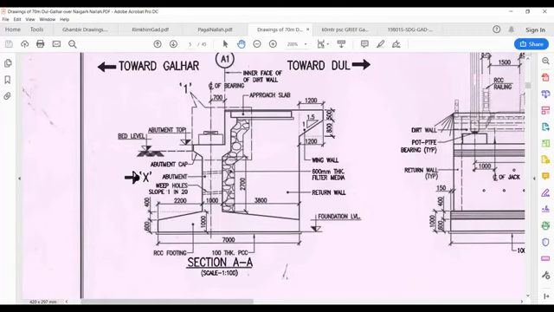Some people call the entire thing the abutment and call this part the abutment shaft or abutment wall, but it only refers to this portion from here till here. Above that, this trapezium thing is called the abutment cap. This wall which goes up from the cap is called the dirt wall. This box here is the pedestal, and this cross is the bearing.